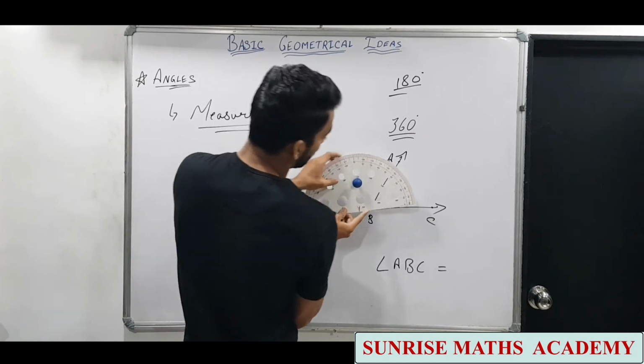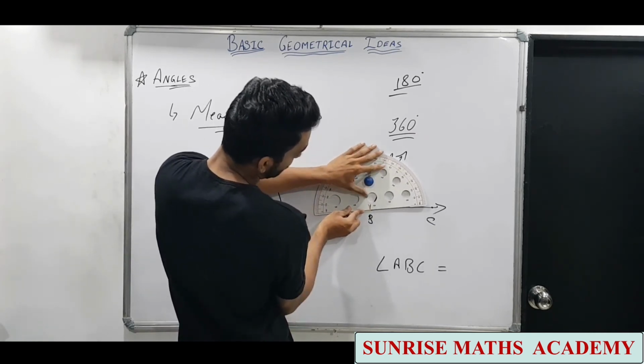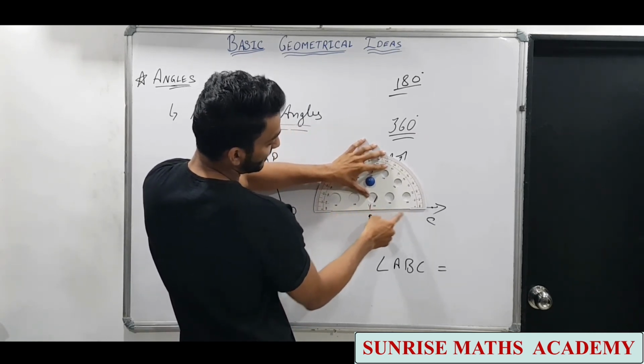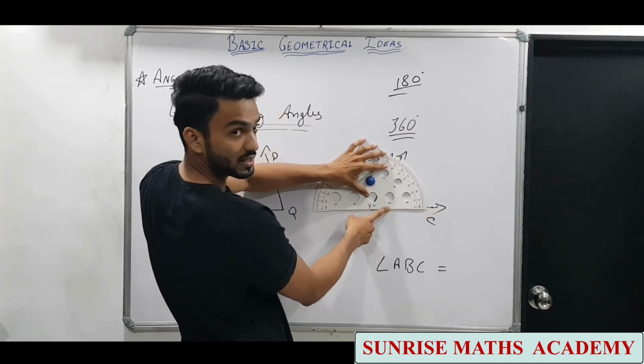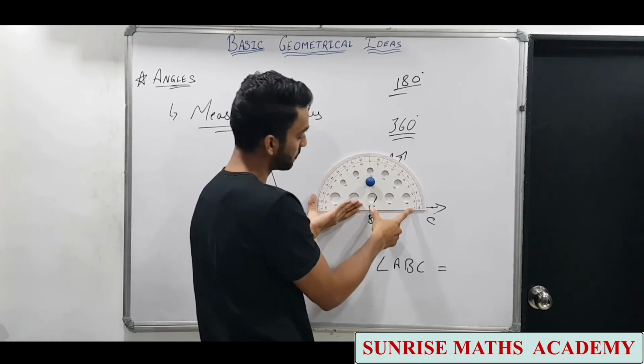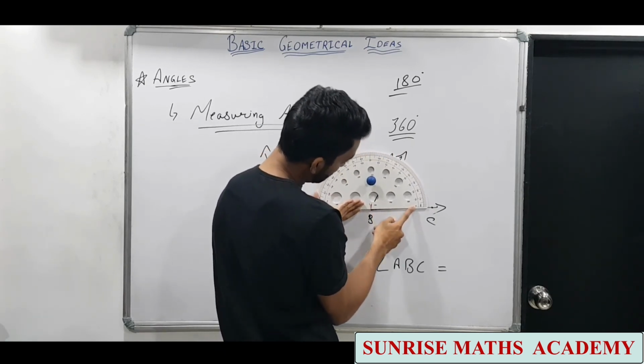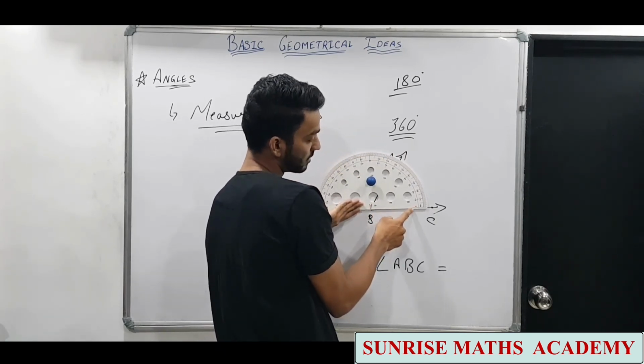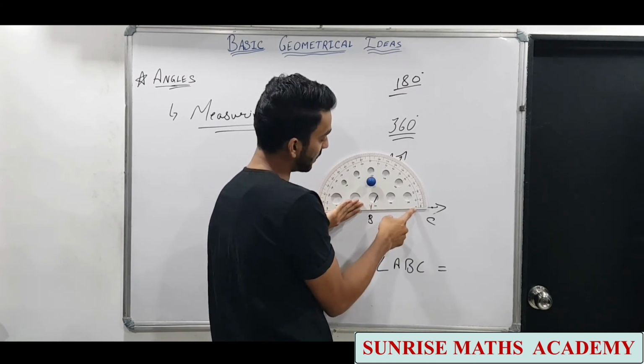That's how you have to see which scale to use. In this case, since the arm matched with the baseline is going towards the right, we use the scale starting from the right side. That is the inner scale.